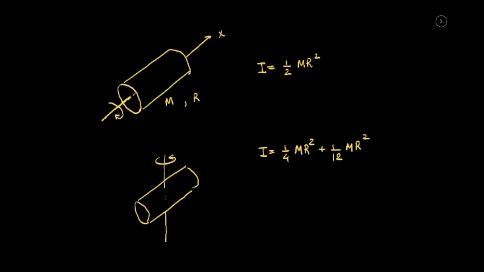Now consider a rod. This thin rod, which has a mass m, around this y-axis.